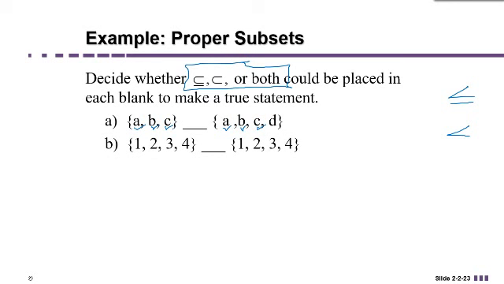Remember, subset is the symbol with the or equal to. It's contained in or equal to. In part A, would it be true to say that it's also a proper subset or not? Remember, in order to be a proper subset, it has to be contained in but not equal to.